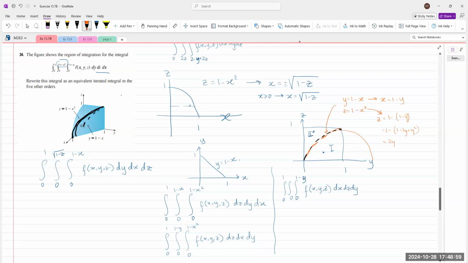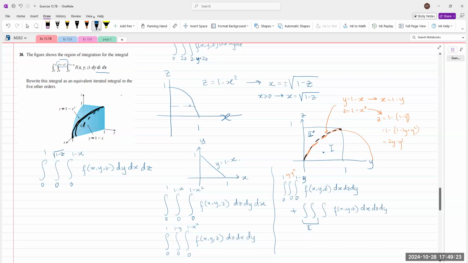That is 2y minus y squared. Plus the second region, integral f x y z dx dz dy.